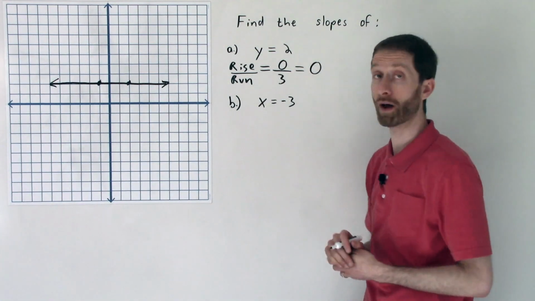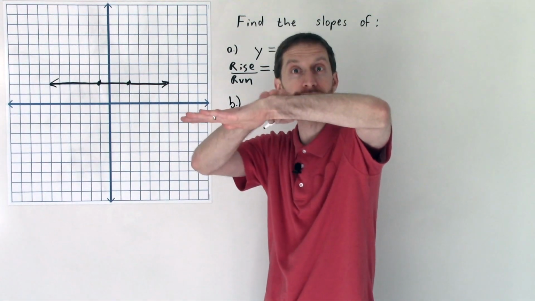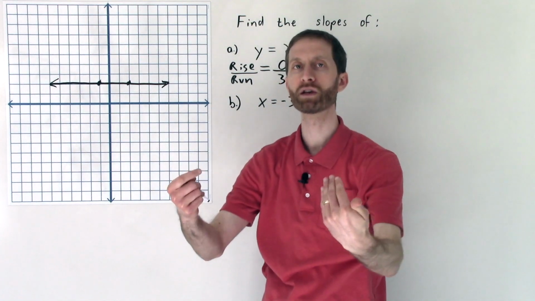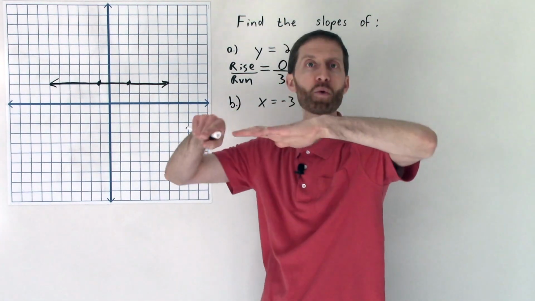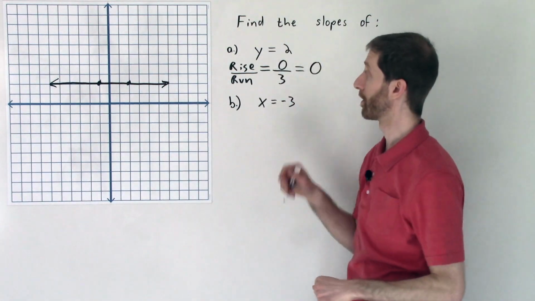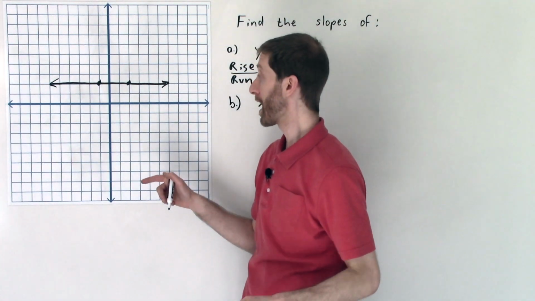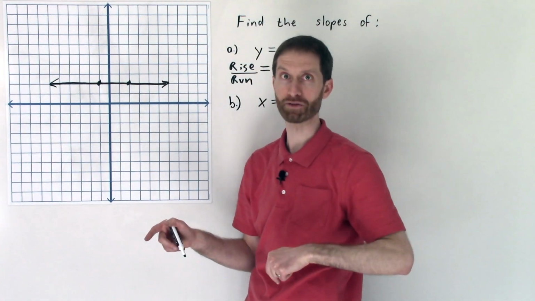So that would be a slope of 0. So in general, a horizontal line has a slope of 0 because there is no rise. Yet the run is as far as you want to run. So 0 over a number that's not 0 will be 0. You could also look at it from the slope equation perspective, and I'll look at that as bonus footage at the end of this video.